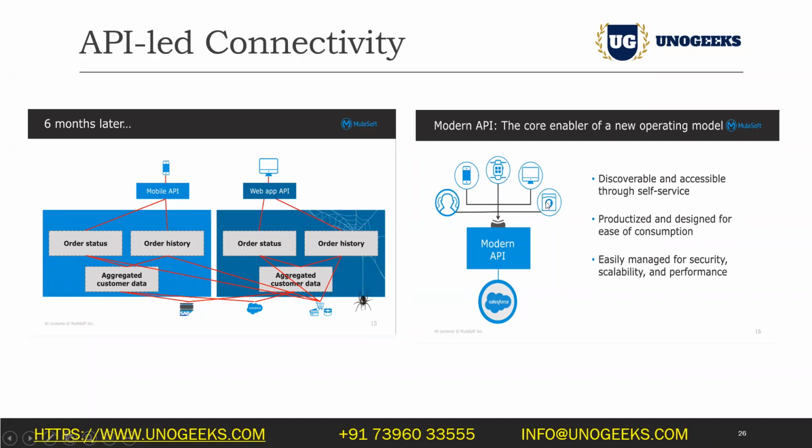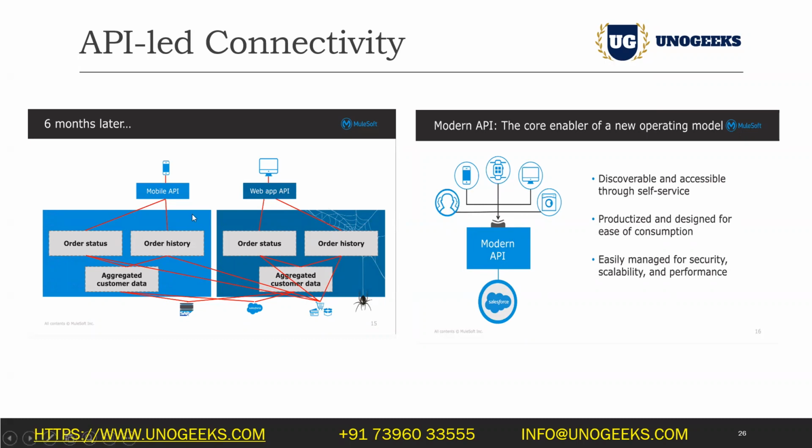You have IoT systems, you have Alexa systems. All these things will be coming in the future. So our application should be designed in such a way that it has the capability to connect to any system at any time.